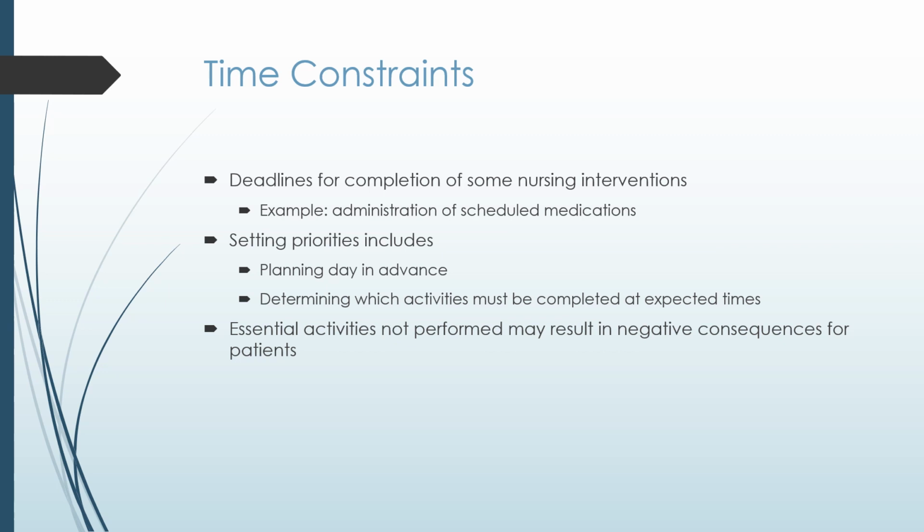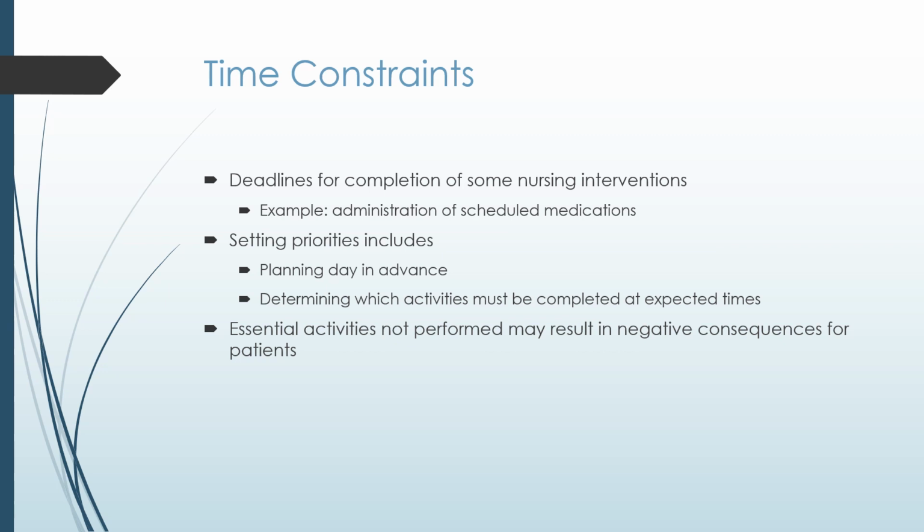That's a time constraint. I have to make sure I prioritize my care based around patients that are receiving those type of scheduled medications, as opposed to other patients that are not on those medications. I want to see those patients that are getting the antibiotics timed at specific time frames first. Okay? So think about that.